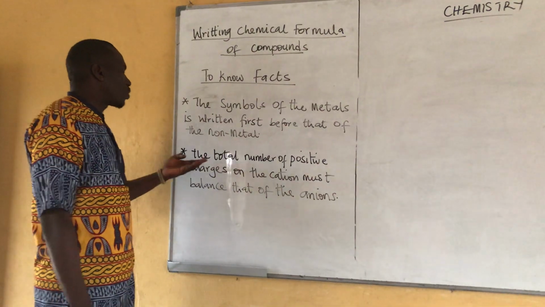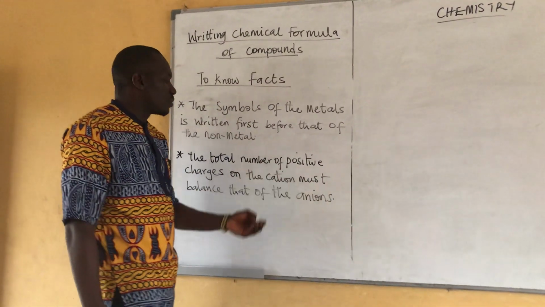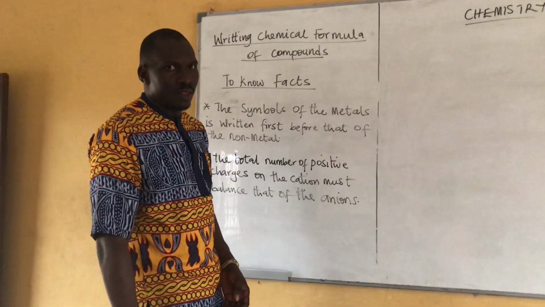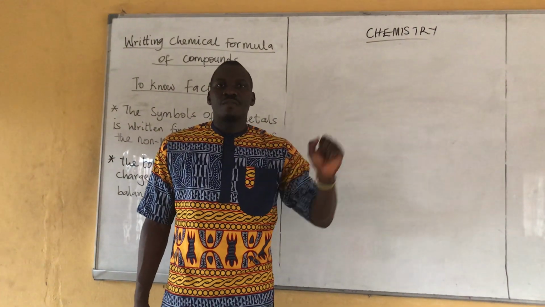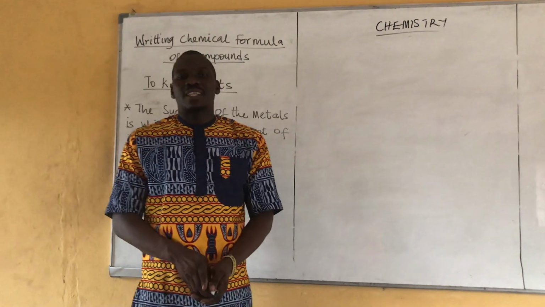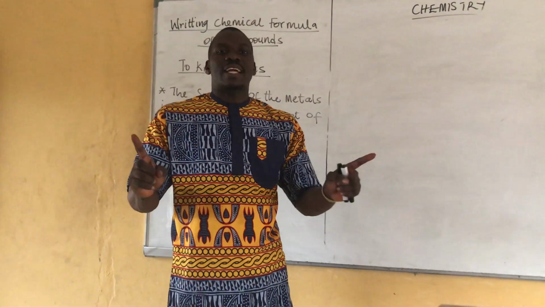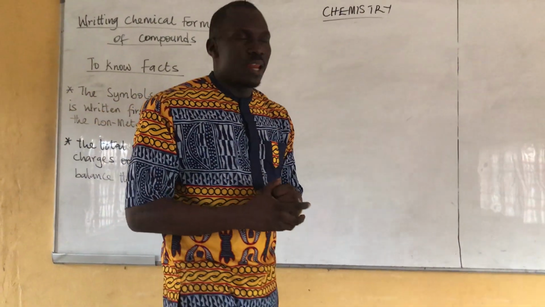Number two, the total number of positive charges on the cation must balance that of the anion. That means the charge on your positive, which is the metal, must balance that of the negative, which is the non-metal, so that there can be electrical neutrality.